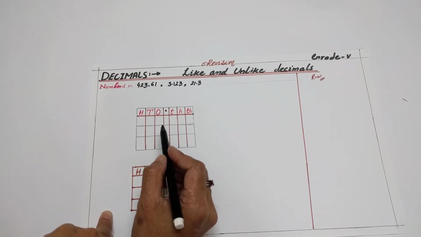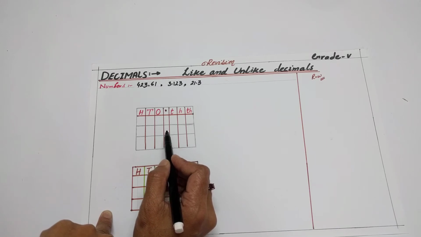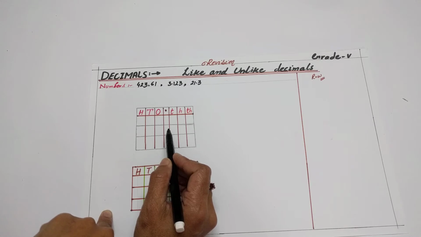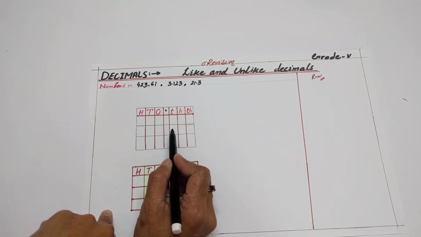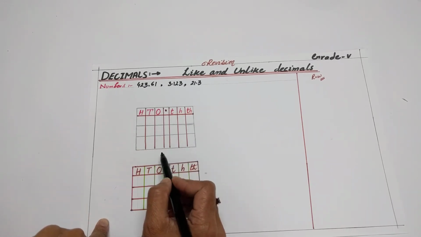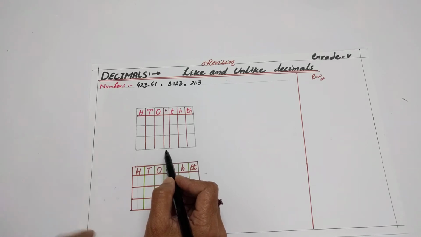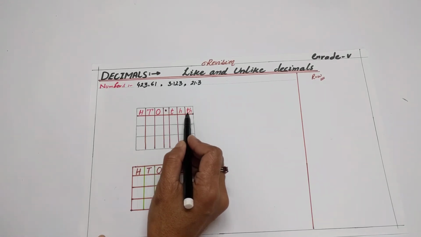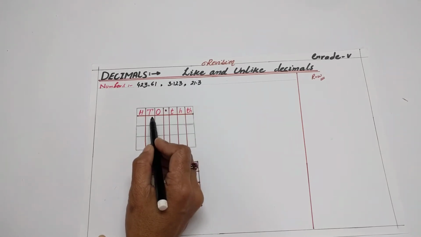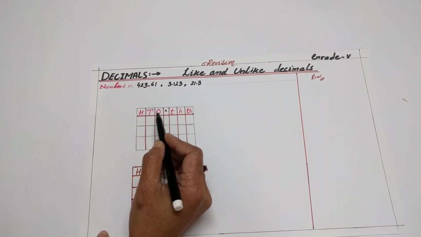How can we put these numbers into the place value chart? Firstly, you should know how to set these decimal fractions in the place value chart. This is a place value chart for the decimal number. These places on the right side are the decimal places, and these are the whole number places.